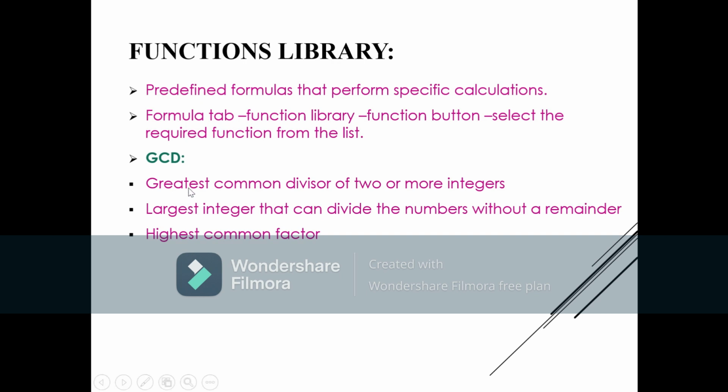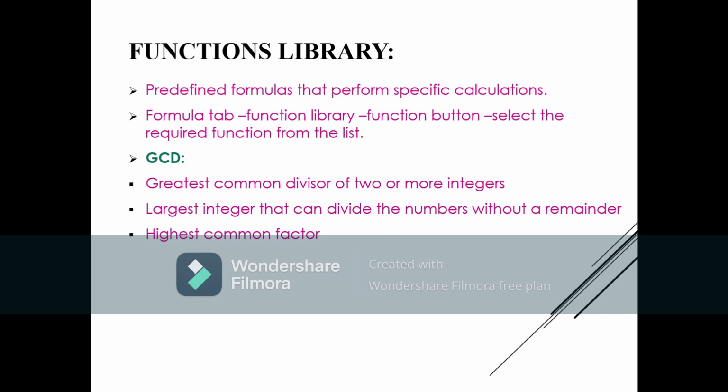This function calculates the GCD, or the greatest common divisor, of two or more integers. The greatest common divisor is the largest integer that can divide the numbers without a remainder.